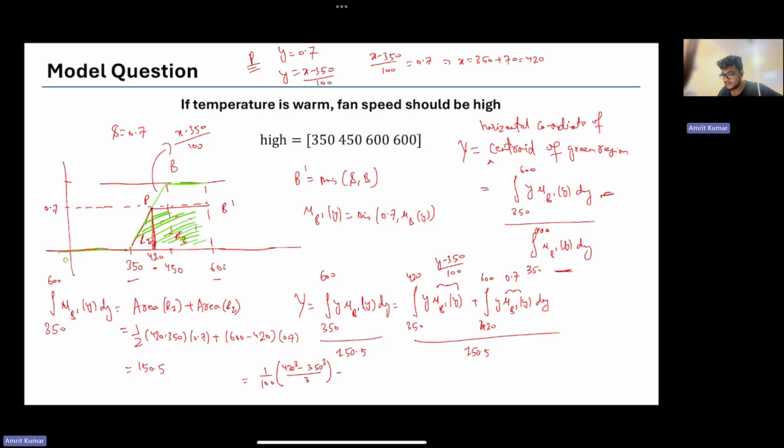Then you have 350 divided by 100, so that's 3.5, times 420 square, my bad, minus 350 square divided by 2. And then you have this simple, straightforward 600 square minus 420 square divided by 2.